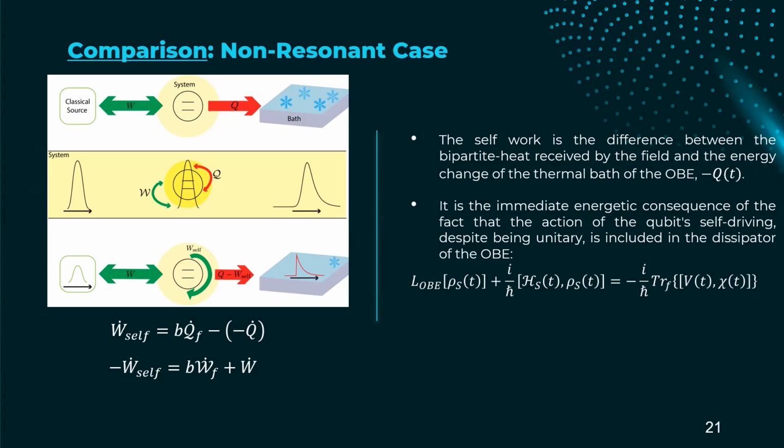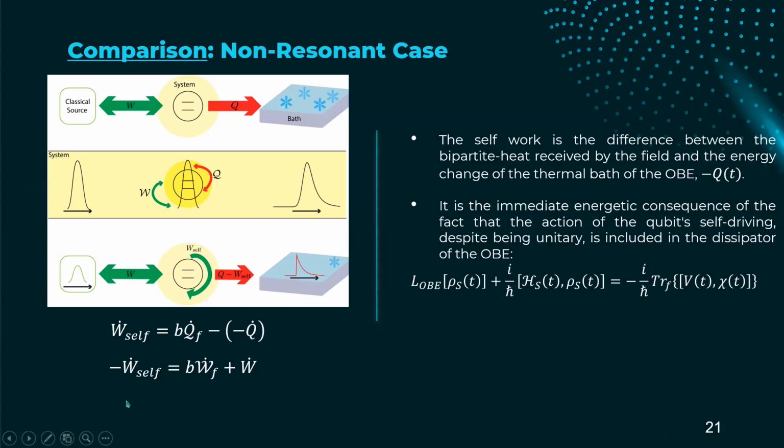You take the bipartite heat given to the field and subtract from it the energy change of the bath, or minus Q dot, and that's what is self-work. Or it can also be thought of as the work done by the field plus the work of the open approaches. The bipartite work done by the field and on the field, and the work in the open approaches.